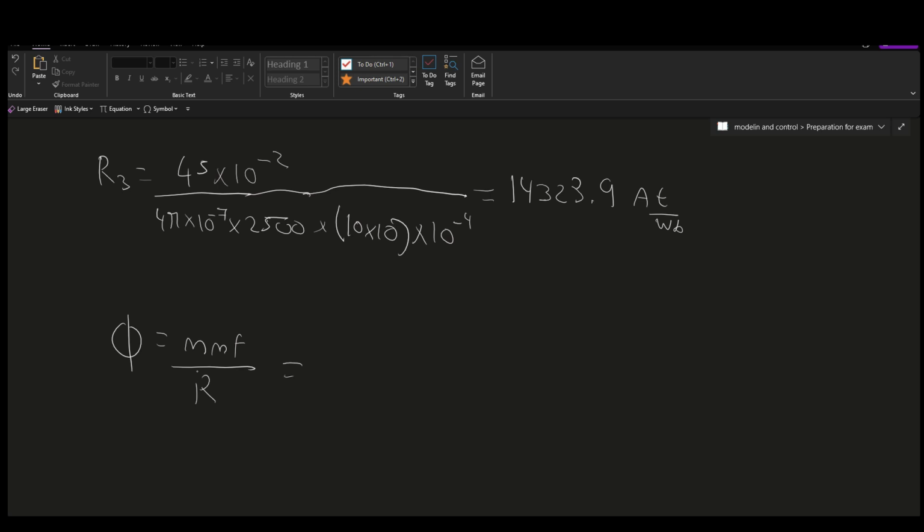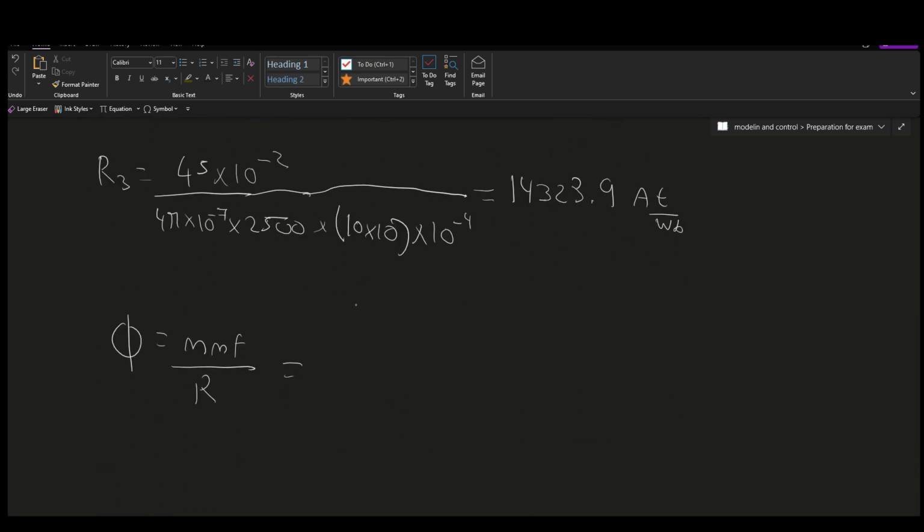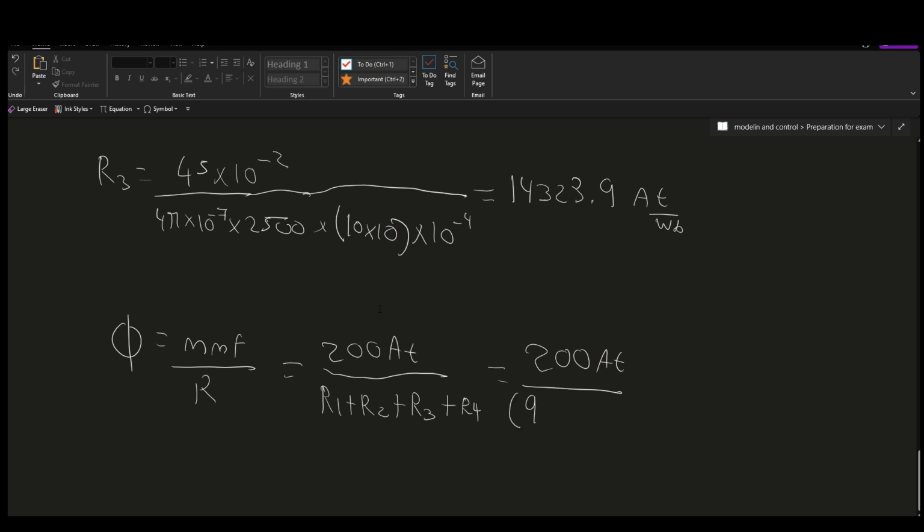So we already calculated MMF, that we said was 200 ampere turns. And we now have the reluctances that are gonna be R1 plus R2 plus R3 plus R4. So we have 200 ampere turns, and the reluctance of R1, that is this.